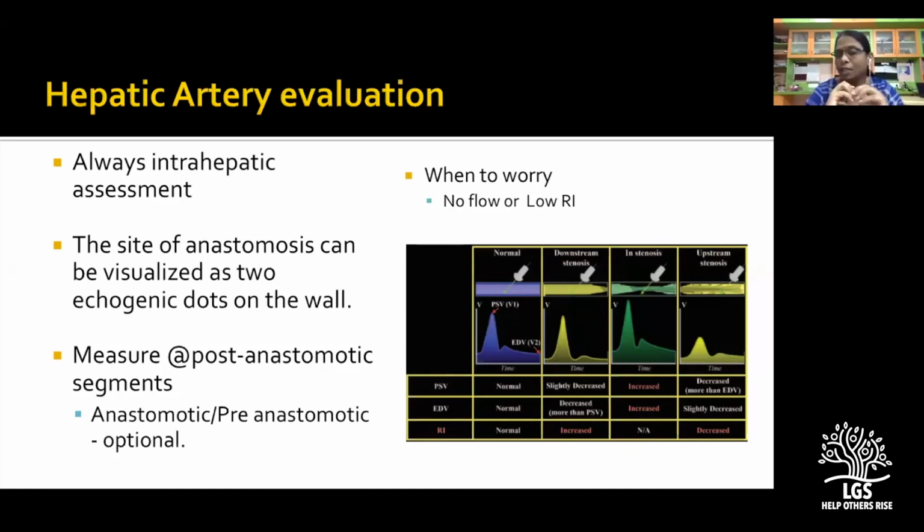If we are not able to find any focal increase in the peak systolic velocity, and if in the entire hepatic artery there is a low RI, then the pathology is more proximal, in the celiac artery. It could be because of a celiac artery pathology, because of atherosclerotic aortic disease or some arcuate ligament syndrome.